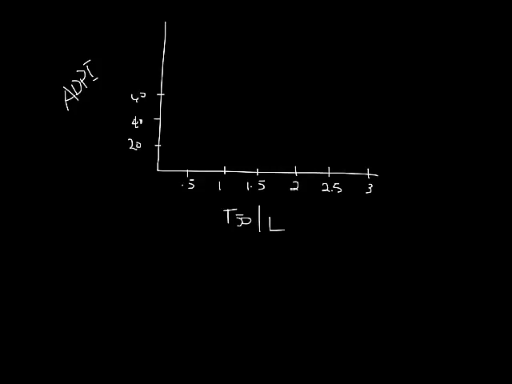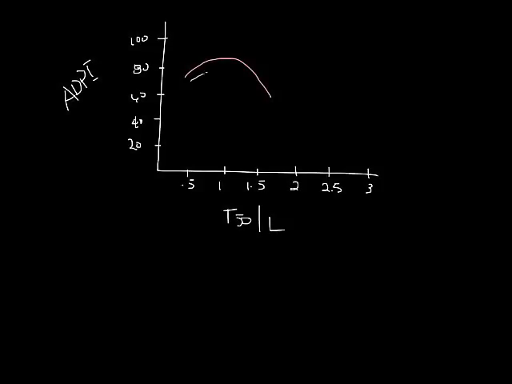So then they created a graph that looks something like this, with T50 over L at the bottom and ADPI going up the side. Let's add the scale. And our ADPI is up this side. So the graph would look something like this. There'd be a curve. As the T50 over L changes, the ADPI would change.